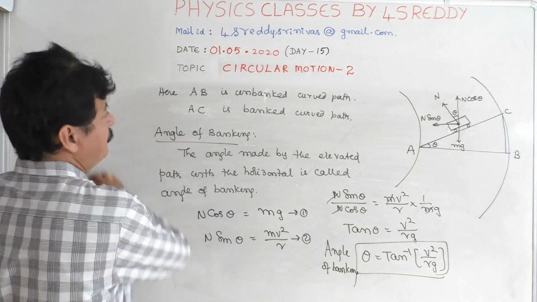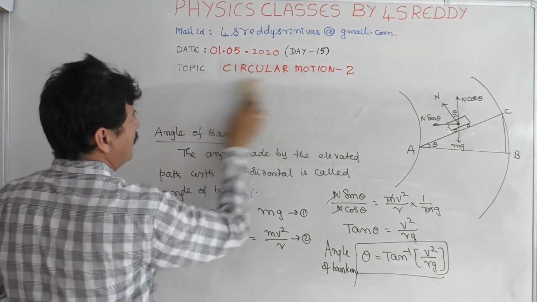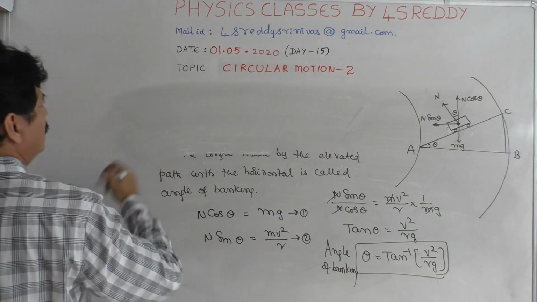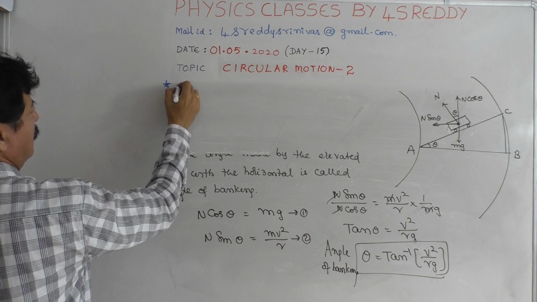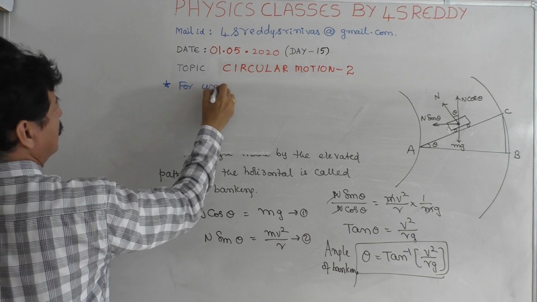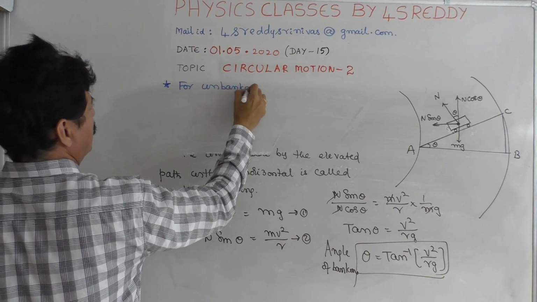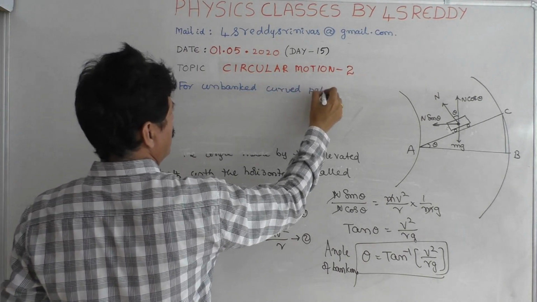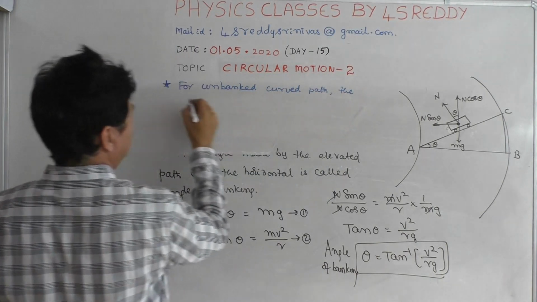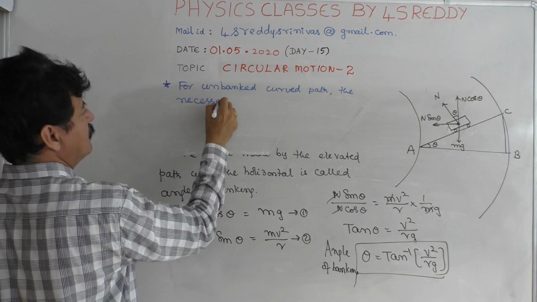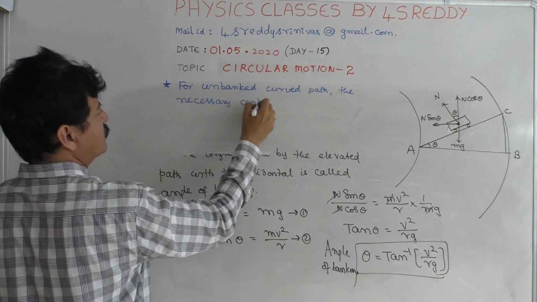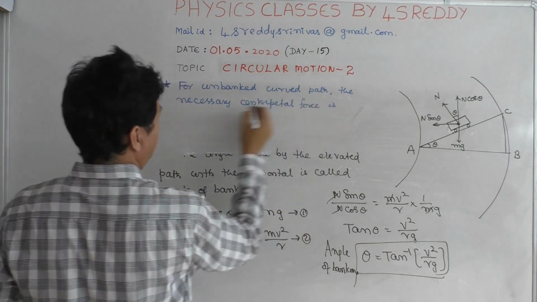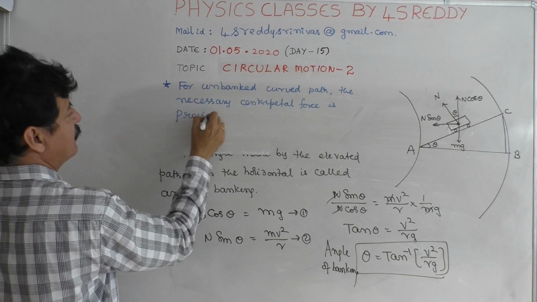If it is a banked path, for unbanked path we already said, we should know that for an unbanked path, the necessary centripetal force is provided by friction.